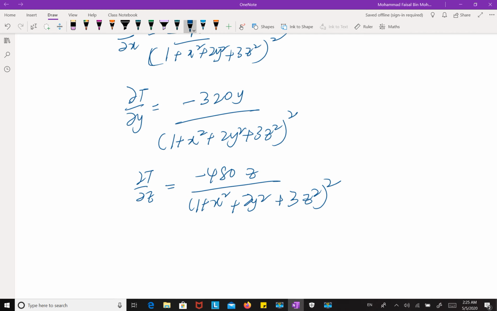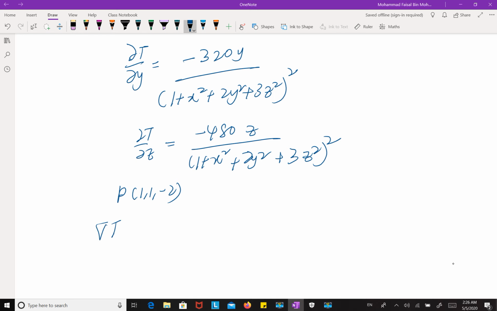So at P(1, 1, negative 2), so del T you can factorize 160 over (1 plus 1 squared plus 2 times 1 squared plus 3 times negative 2 squared) squared.